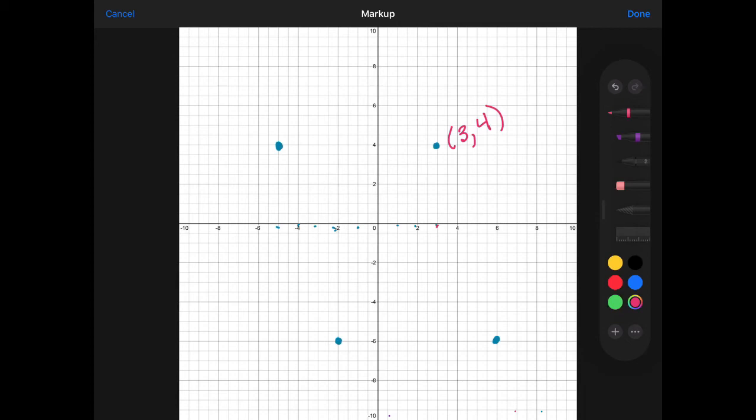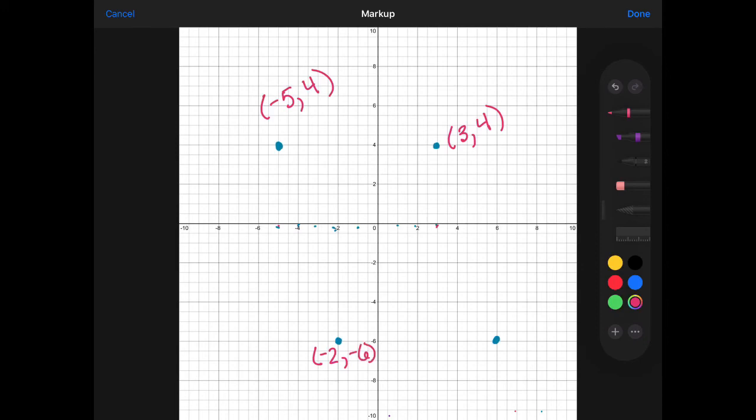The second one, in quadrant 2, we went over 1, 2, 3, 4, 5, so -5, and we went up to +4. That's -5, 4. The one in quadrant 3, we went over -2 and down -6.